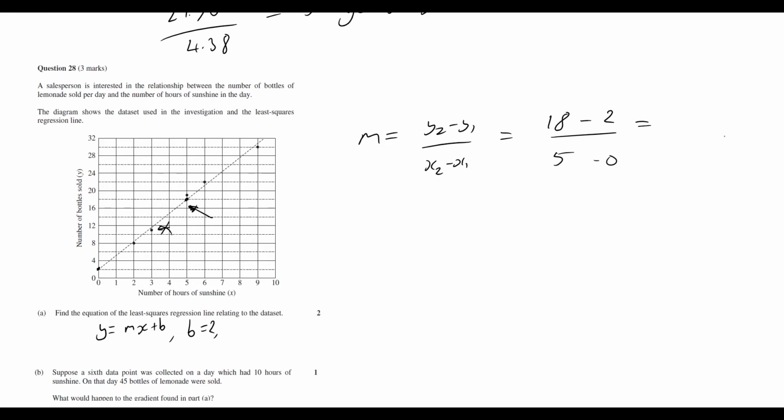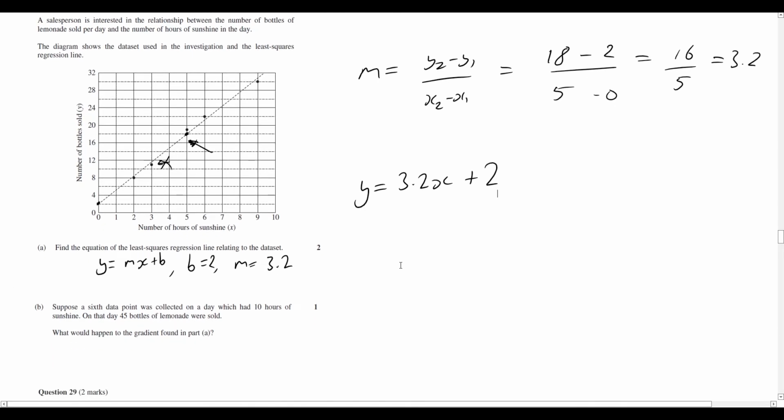So we end up with 16 over 5, or we can rewrite that as 3.2 in decimal form, and that's our gradient. So now we know that m equals 3.2, so we can conclude that the equation of the least squares regression line relating to that data set is y equals 3.2x plus 2, and that's part A.